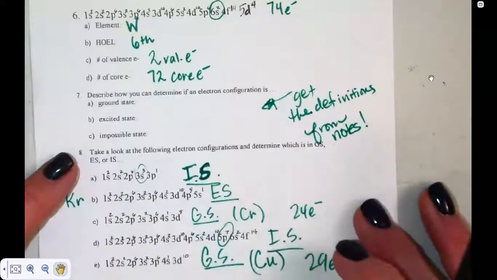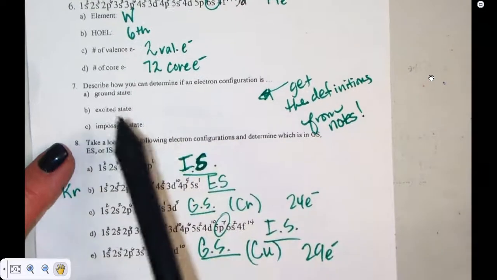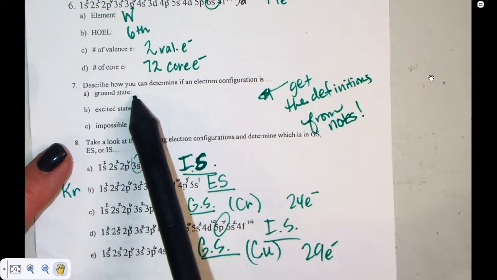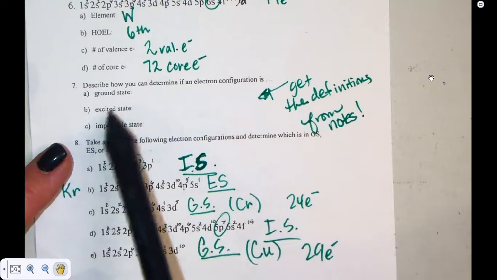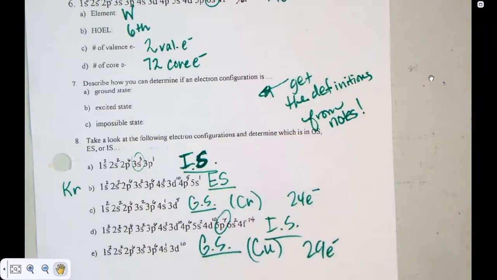Number 7, A, B, and C. These definitions come straight from the notes, but the ground state is the electron configuration exactly like you would normally write it when the atom is most stable. The excited state usually happens when you add electricity or heat, and the electrons temporarily go to an excited state.